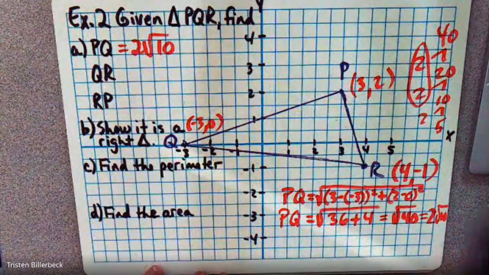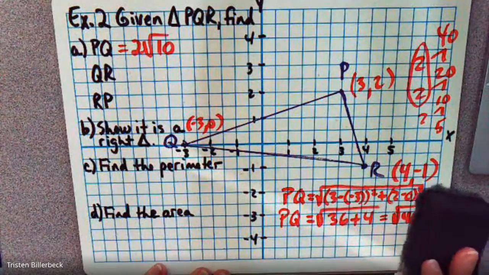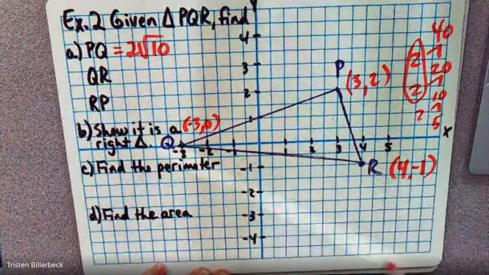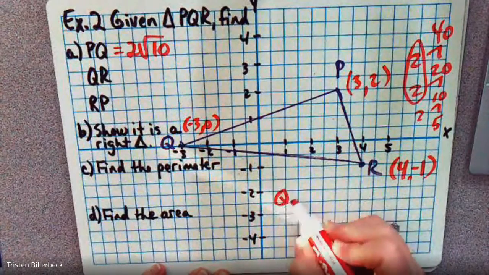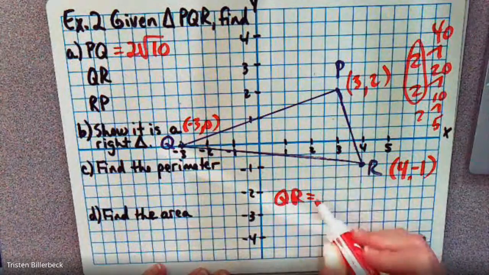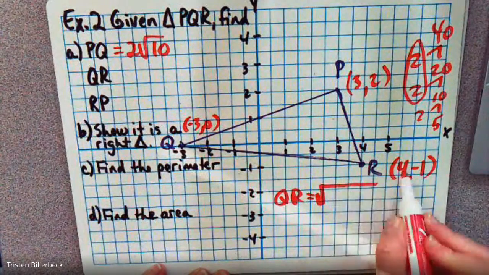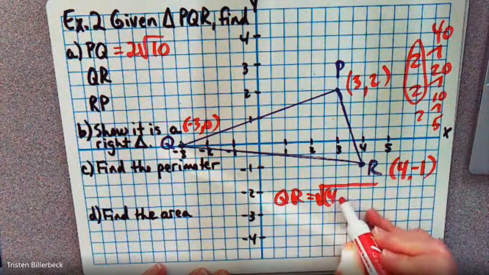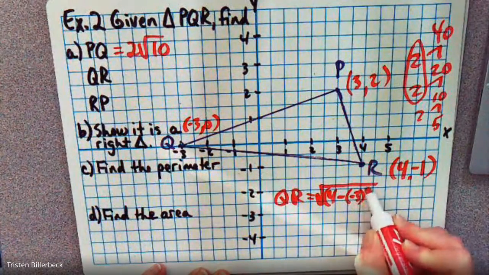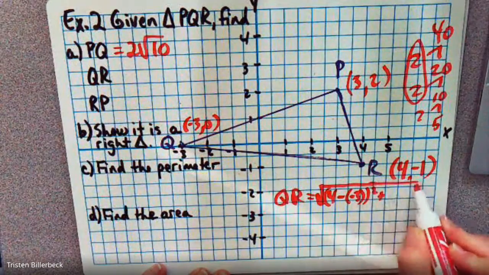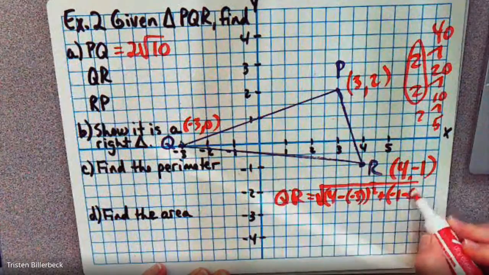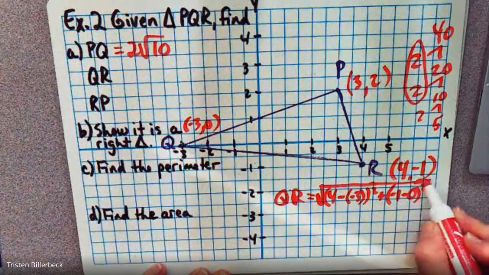All right. Now let's look at QR. So QR, our x's are 4 minus -3 squared plus -1 minus 0 squared.